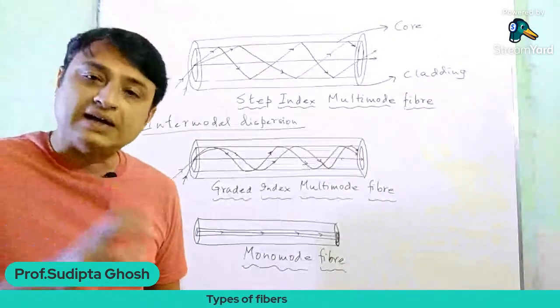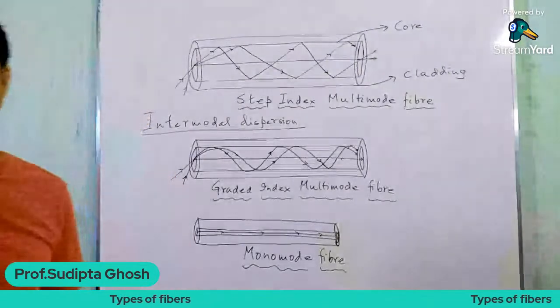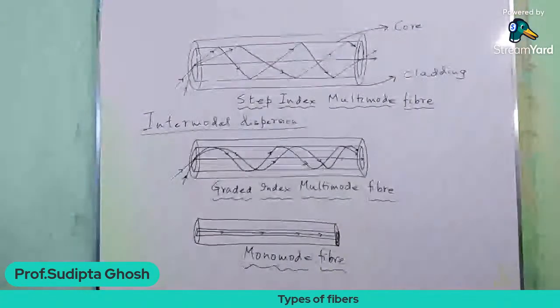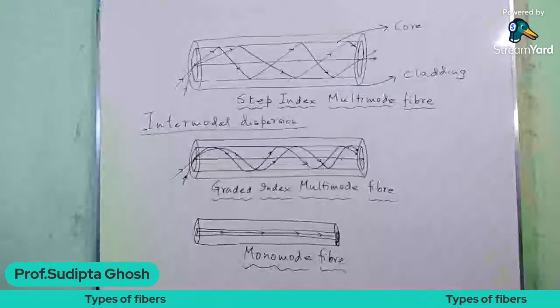So the transit time difference is reduced, or is minimum, for the graded index multimode fiber.